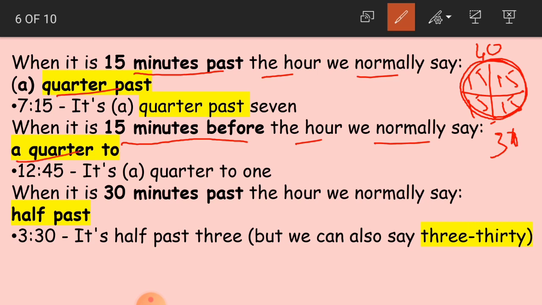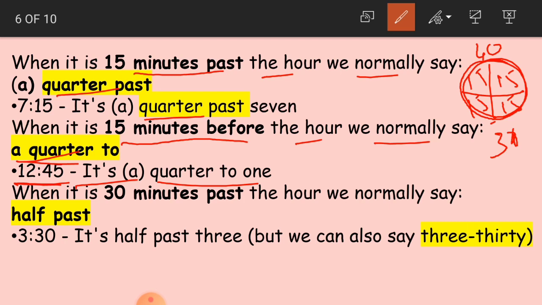So if it is 15 minutes past, it is quarter past. If it is 15 minutes before, we'll say a quarter to. Suppose it is 12:45. For 1 o'clock, still 15 minutes are there, so you can say it's a quarter to 1. 12:45 is nothing but a quarter to 1.